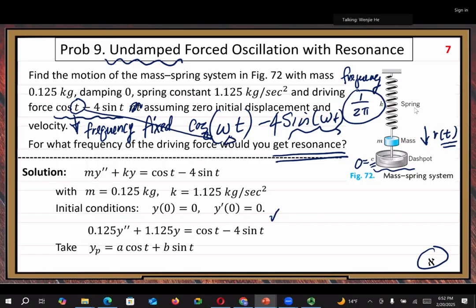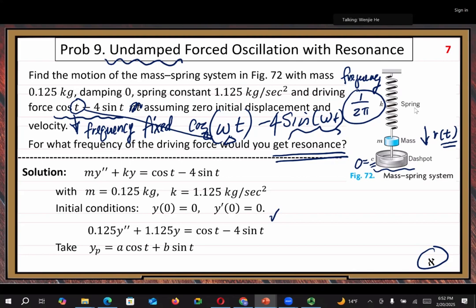Here, omega is 1, so it's fixed, and you cannot change it. But when omega changes, at some special point the resonance occurs.